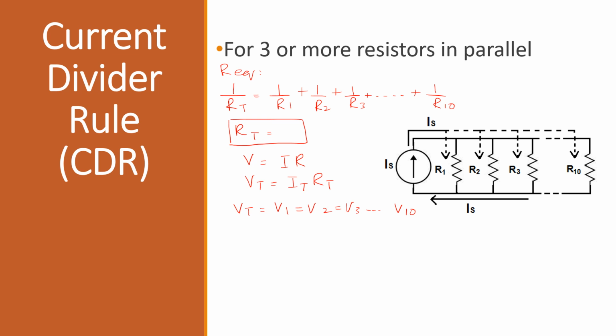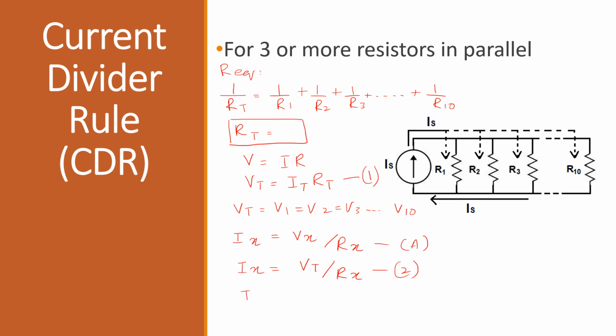Now current through any resistor is Ix is equal to Vx divided by Rx. Again, voltage remains the same in a parallel circuit, therefore this equation A can be written as Ix is equal to Vt divided by Rx.